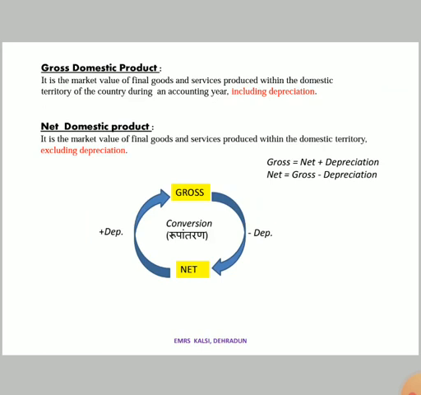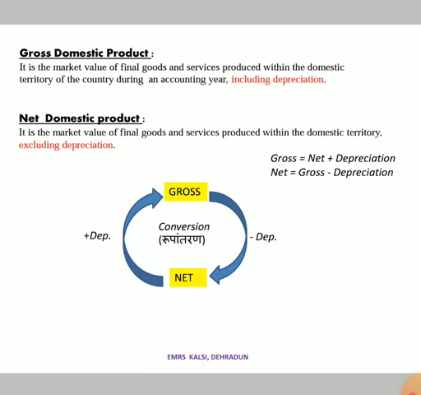Next thing is domestic product, gross domestic product and net domestic product, GDP and NDP. Let's see here. It is the market value of final goods and services produced within the domestic territory of a country including depreciation. So what it says, it is the market value of final goods, okay.